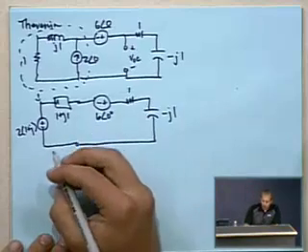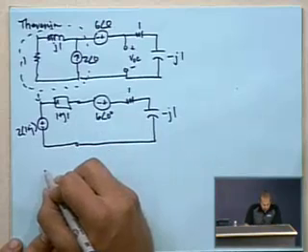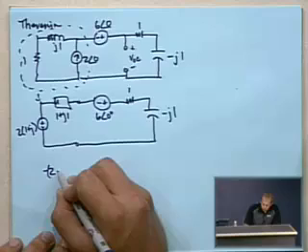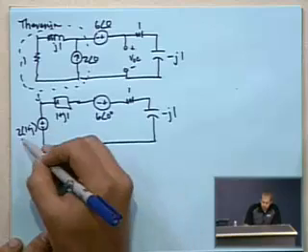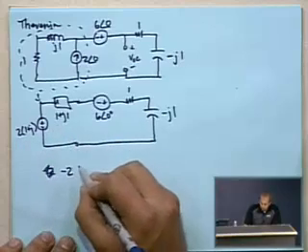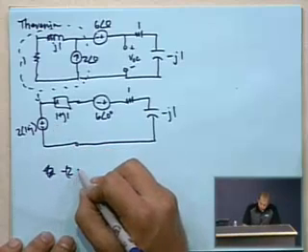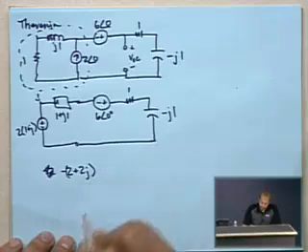But we can write a KVL equation around this loop. So we have negative 2. Make it 2. Let's go ahead and distribute that out. So it's negative 2 plus 2J.